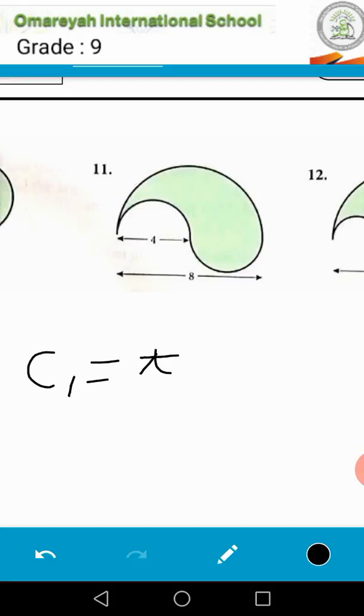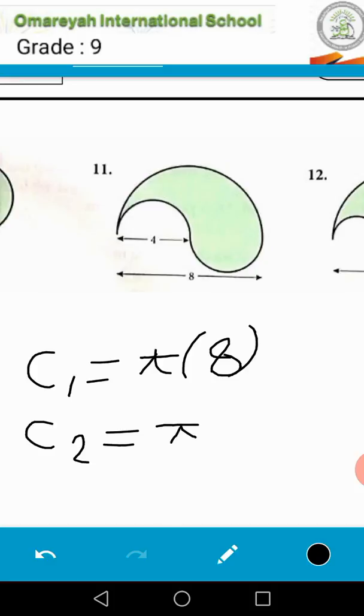Pi times the diameter for the big circle, which is 8, so this is 8 pi. This is C1. Then the circumference for number 2 is pi times 4, the diameter of this circle. The diameter of this one is 4.